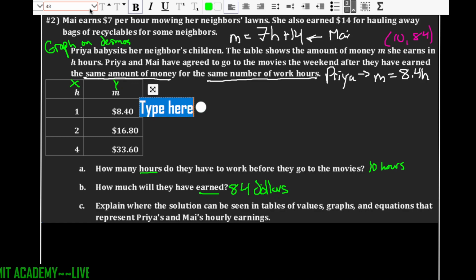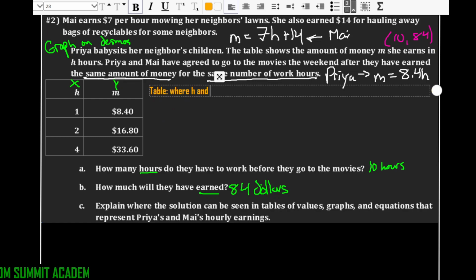For the table, we're looking for where H and M are the same in both tables.